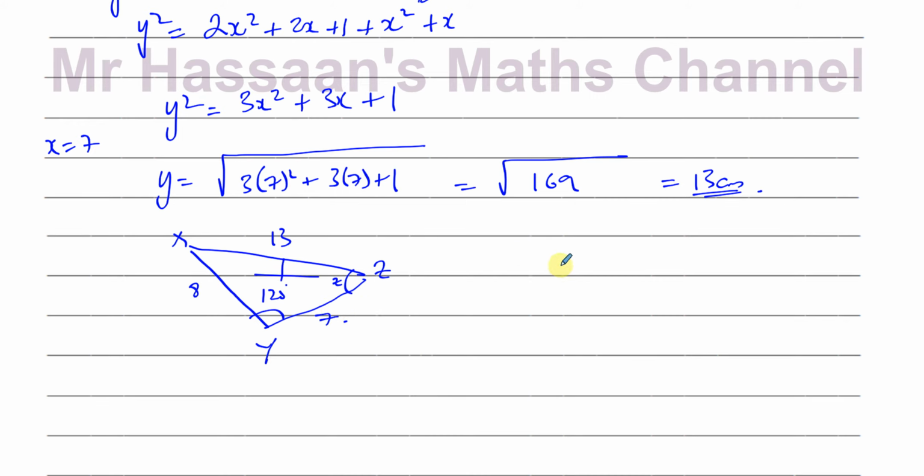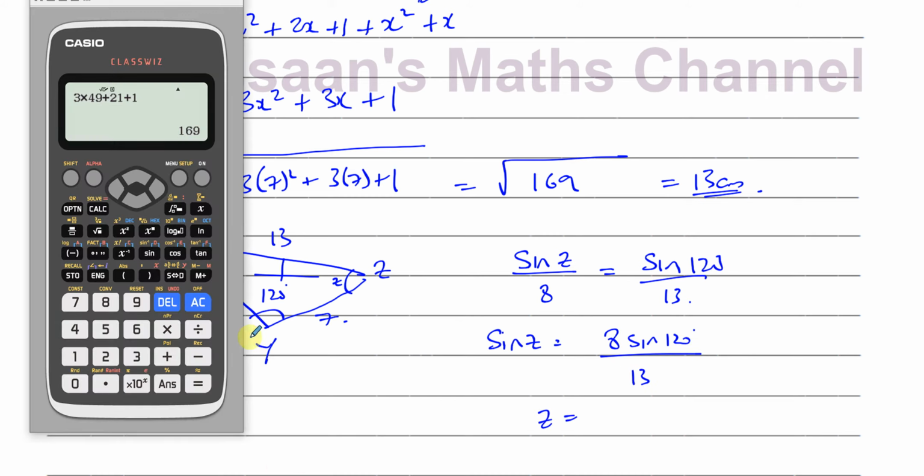So if I use the sine rule, I can say the sine of the angle Z over the length opposite it is equal to the sine of the angle 120 over the length opposite it. So we can say the sine of Z is 8 times the sine of 120 over 13. So Z equals the inverse sine of all of that. You can stick this in your calculator, inverse sine, make sure we're in degree mode, which we are.